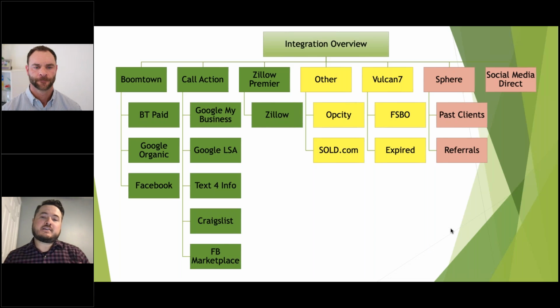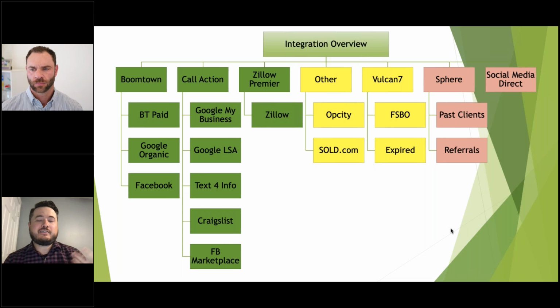That's why it's in yellow: it's us using Zapier to create automation that isn't inherently built into Boomtown or OpCity, connecting those two programs together seamlessly without agents having to intervene. Those are in yellow because they require some extra steps, and I'll show you some examples in a minute.